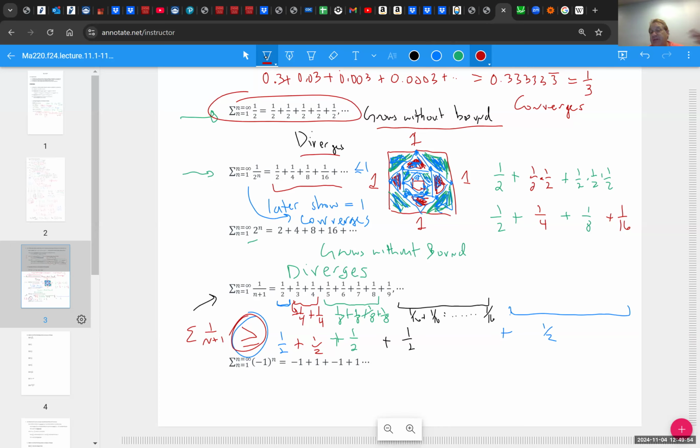So whatever our sum is has to be larger than 1/2 plus 1/2 plus 1/2 plus 1/2, etc., forever, right? This could go on forever. But we know that 1/2 plus 1/2 plus 1/2 diverges. It is equal to infinity. It grows without bound. So our series is larger than something that diverges to infinity. Therefore, we know that this thing diverges.